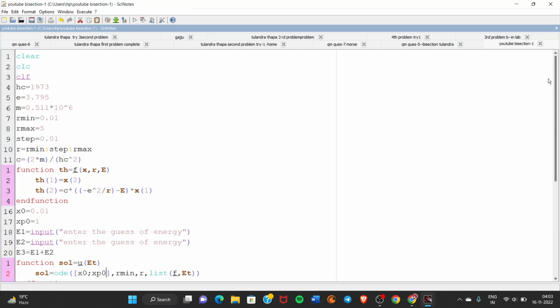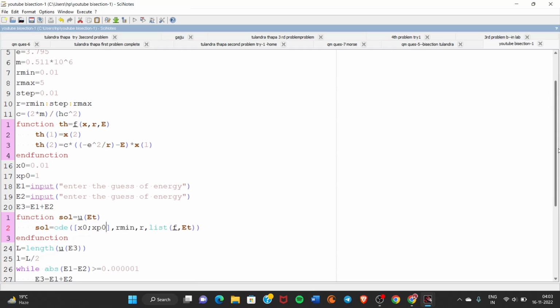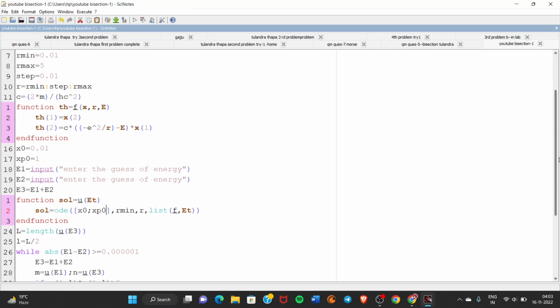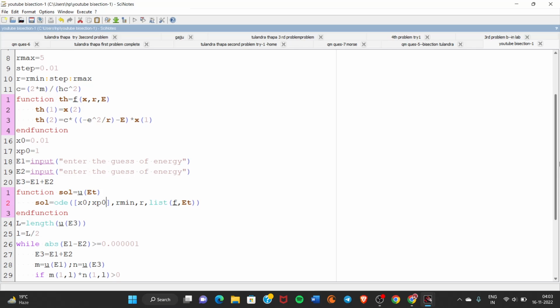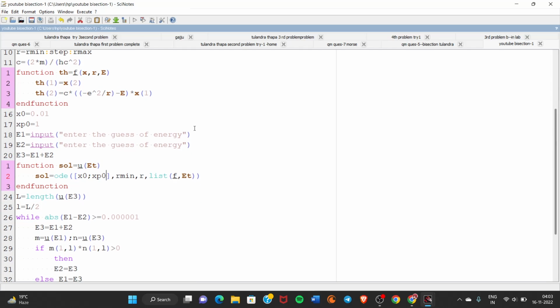We have done h, C and E and M, R min, R max, step size. We put the value of R and we put the value of C in it. The function is f of x comma R comma E. th1 is equal to x2, th2 is equal to C into e square upon 2 upon R minus E into x1. So this much is correct, I suppose. Then x0 is equal to 0.01, xp0 is equal to 1.